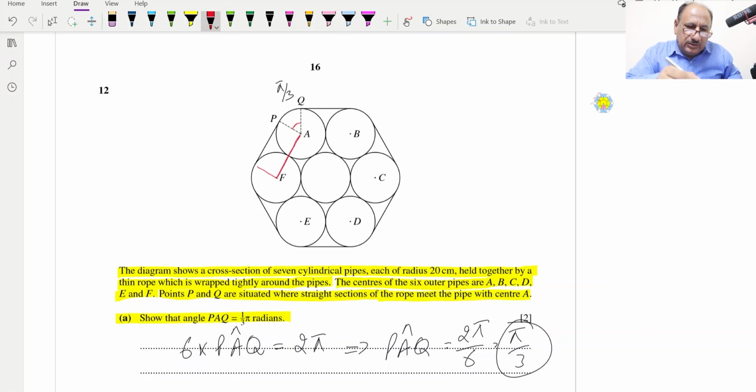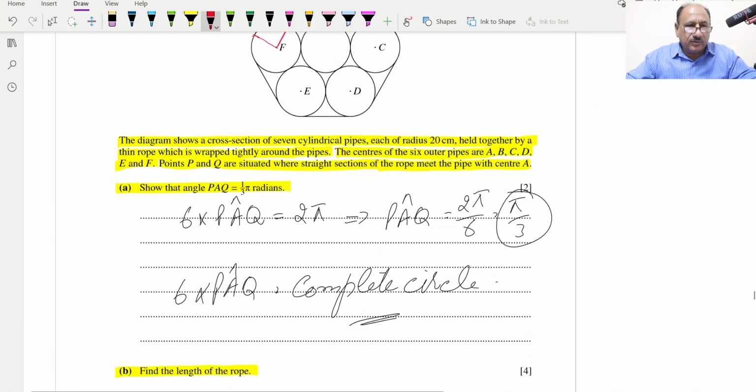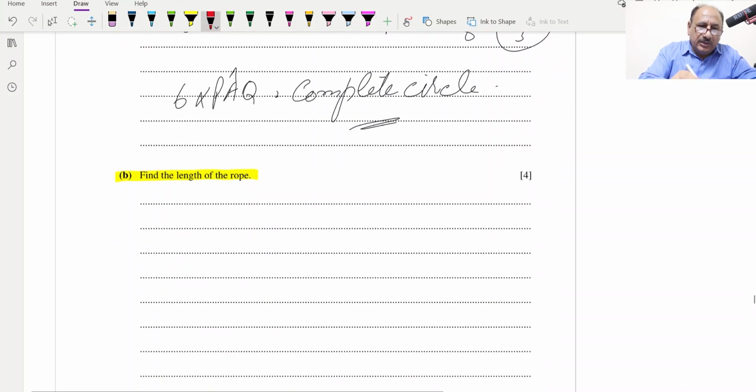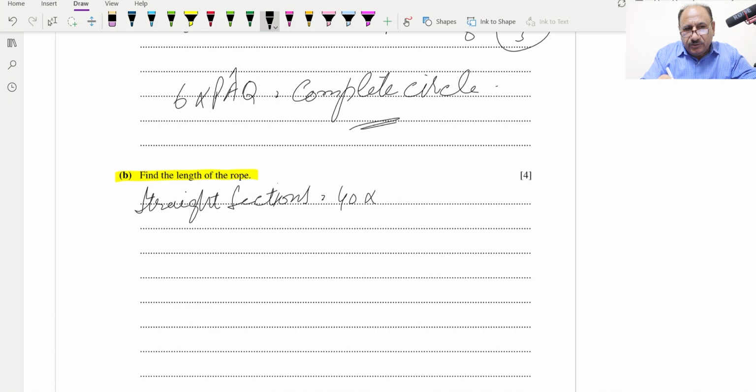This will be a straight section, which is 2 times the radius, so this is 40. So for B part, the straight section will be 40 multiplied by 6, which is equal to 240.